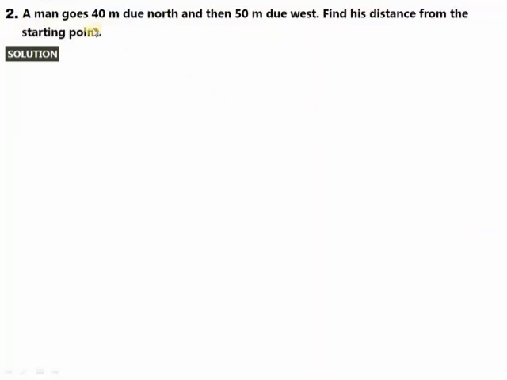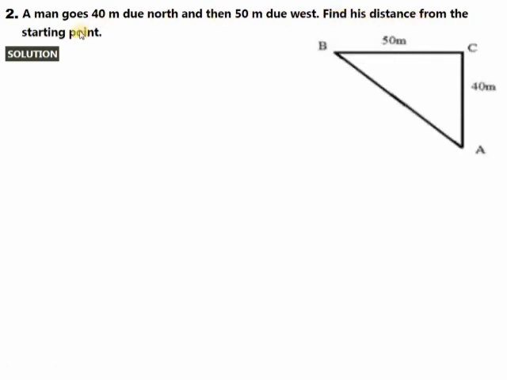The question says, a man goes 40 meter due north and then 50 meter due west. Find his distance from the starting point. Okay, so the situation is somewhat like this. If A is the starting position, then from A the man moves 40 meter due north.